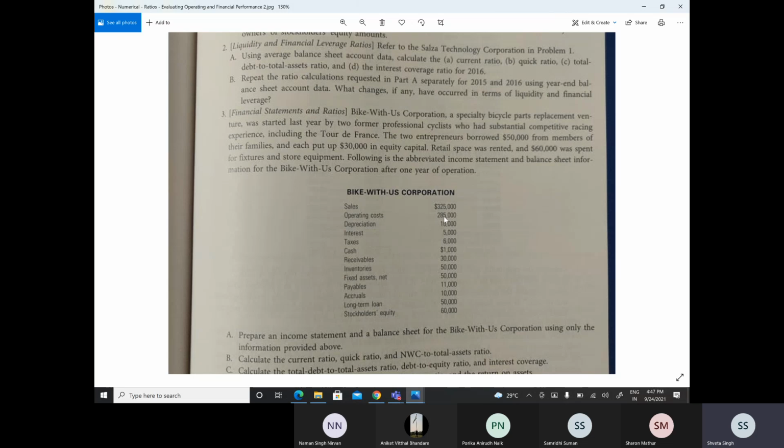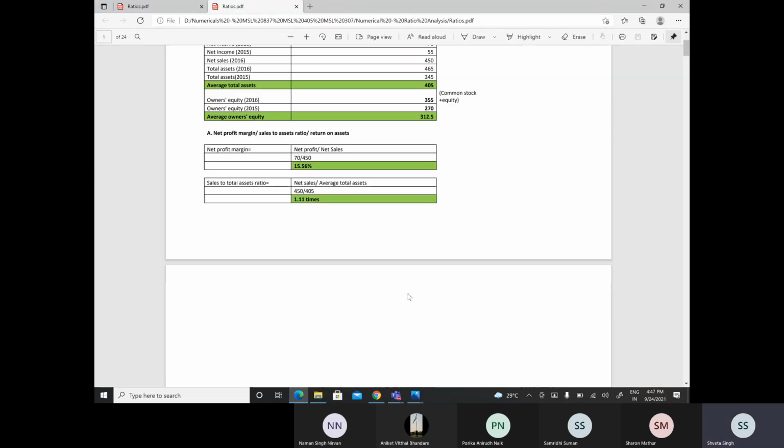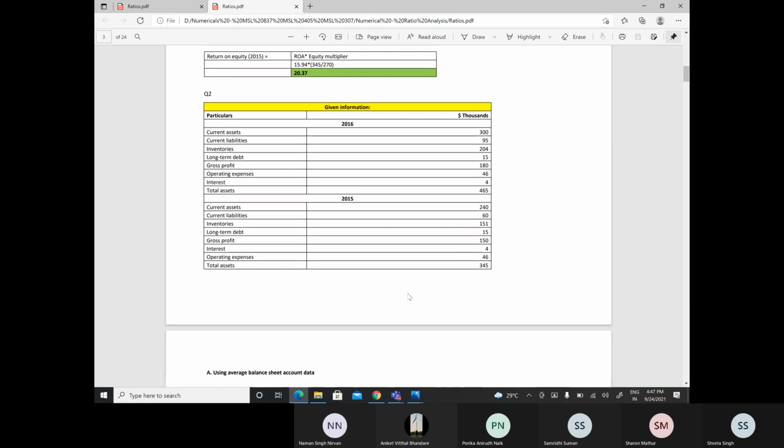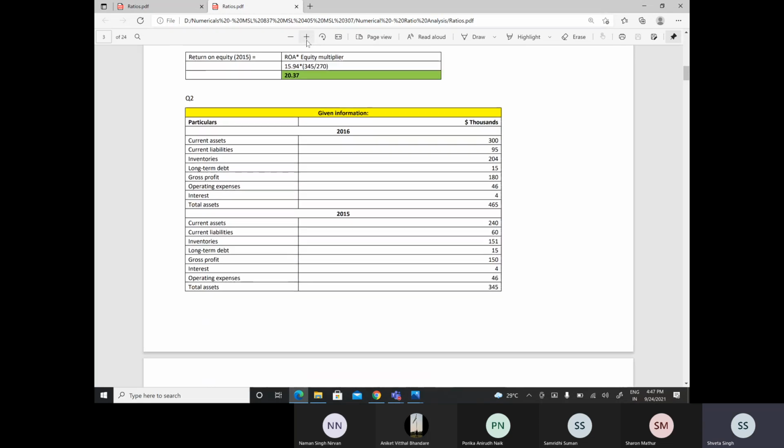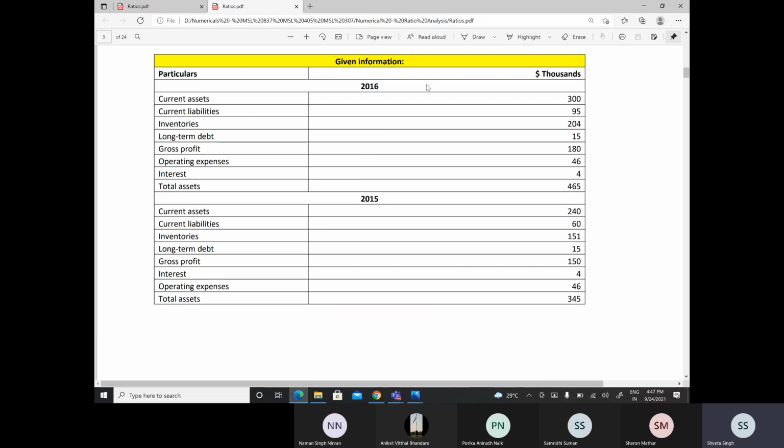So here we are dealing with the other two buckets of ratios. Let us see how that pans out. Now here again, the information has been collated.